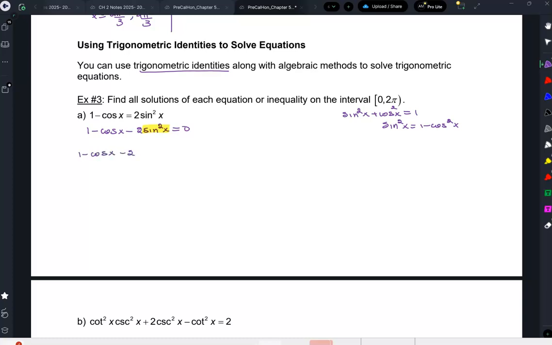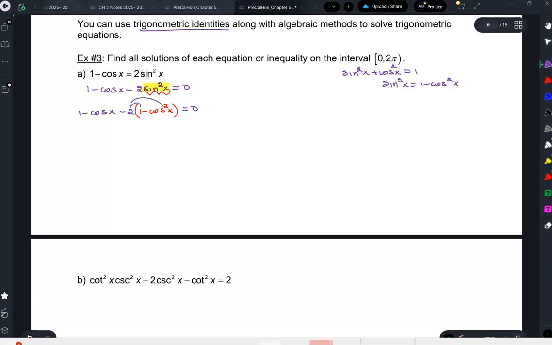So far it's the same, and then for this I substitute 1 minus cosine squared x, and that's equal to 0. This is exactly what you were doing in the last lesson. Now let's solve. Let me distribute: 1 minus cosine x minus 2 plus 2 cosine squared x is equal to 0.